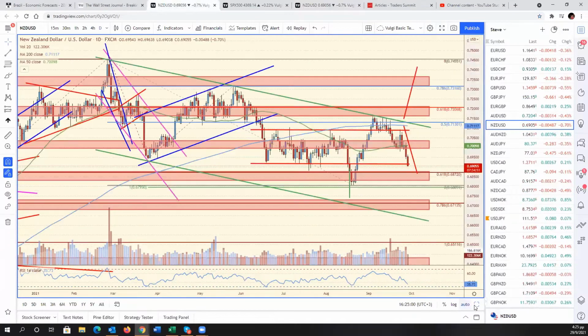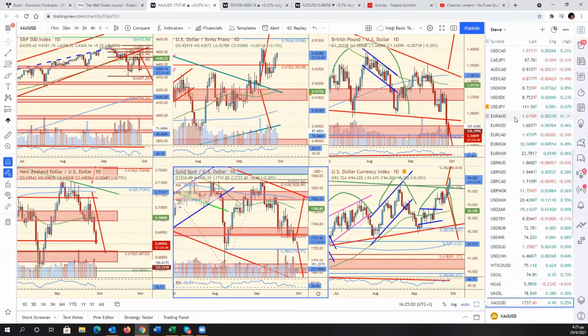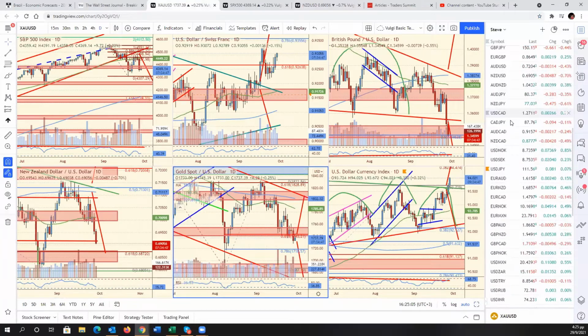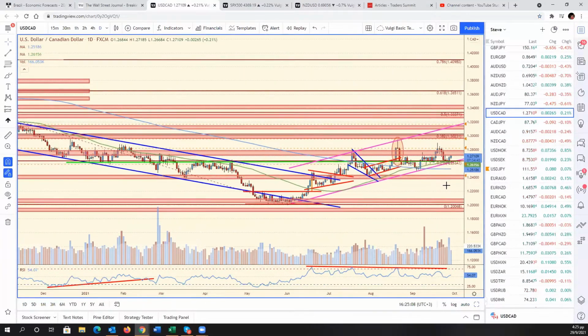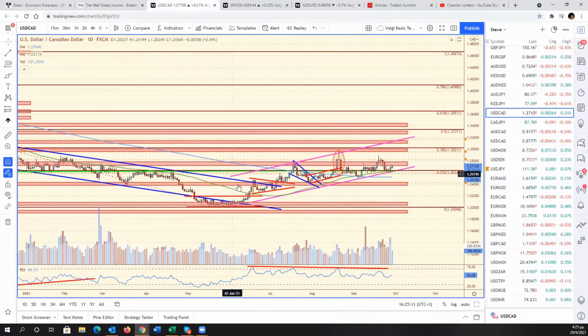First of all, by examining it on the daily, as we did with the previous ones. And here it is. So notice how the USD CAD is still holding within this channel, found support at the trend line, support on the 50 DMA once again, rebounding.